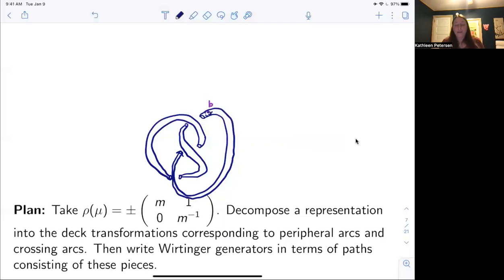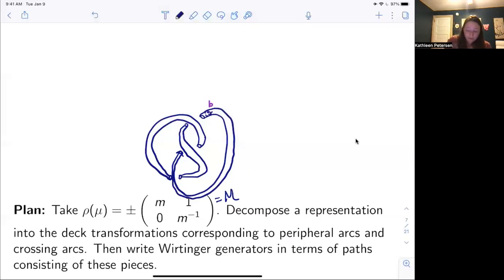Up to conjugation, my meridian could be anything, let's say A, B, C, D, but up to conjugation, I can assume that it's upper triangular, and I can take the off diagonal to equal 1. So I'm going to use some degrees of freedom for my conjugation to normalize my meridian of this form. And I'm going to call this matrix script M.